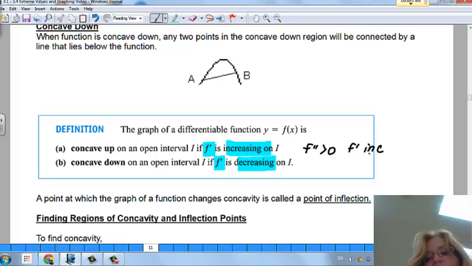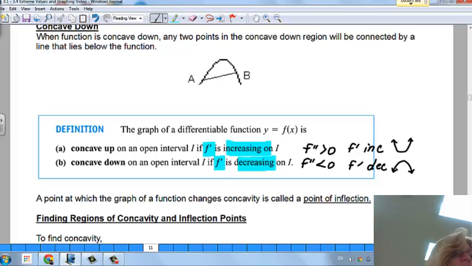So if your slopes are increasing, that's what curves it and makes it concave up. If f double prime is less than 0, that means my f prime is decreasing. That's why it curves the function and makes it look like concave down.